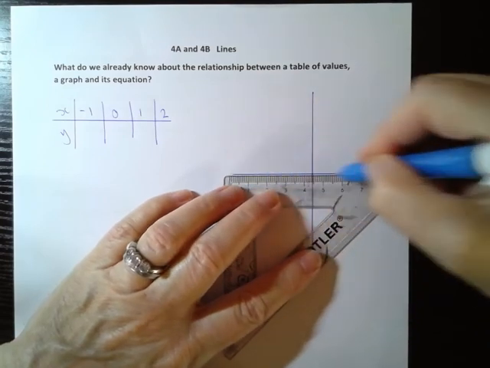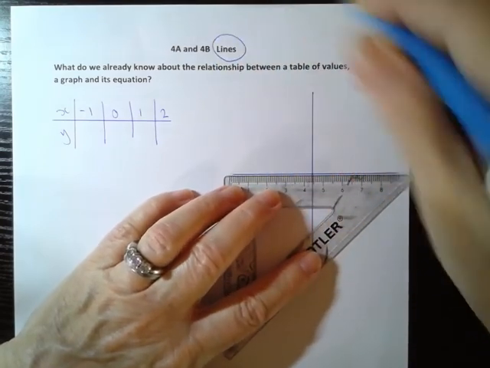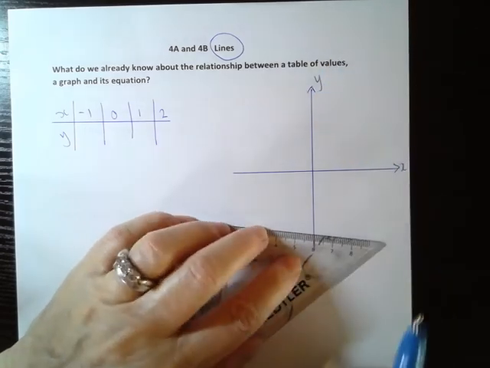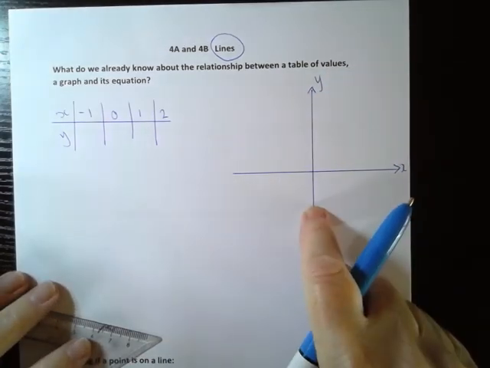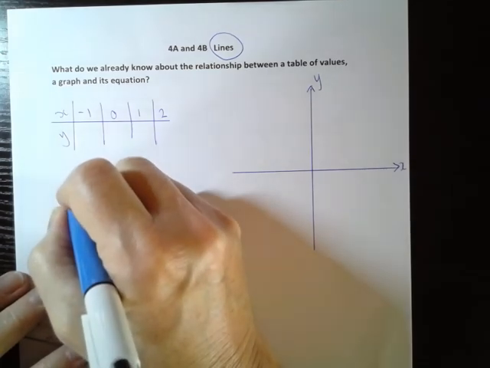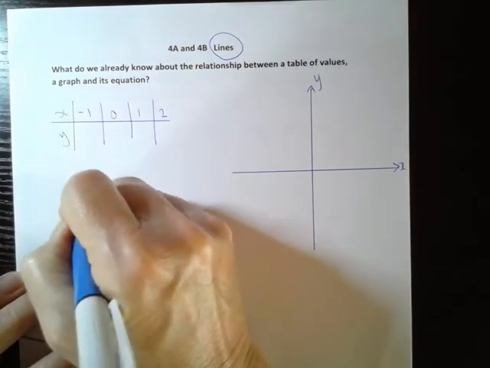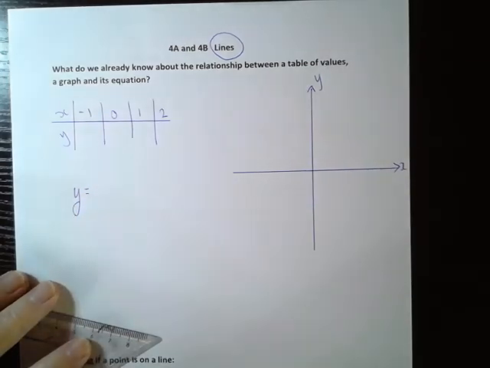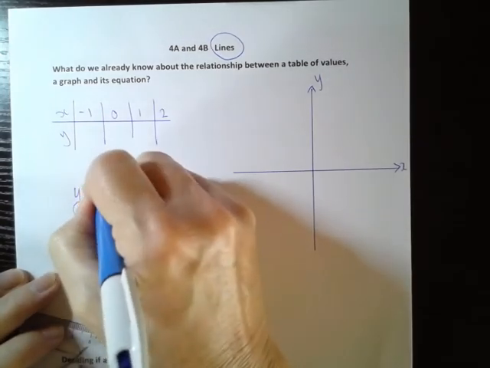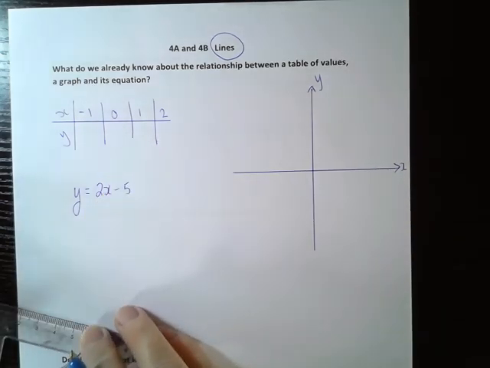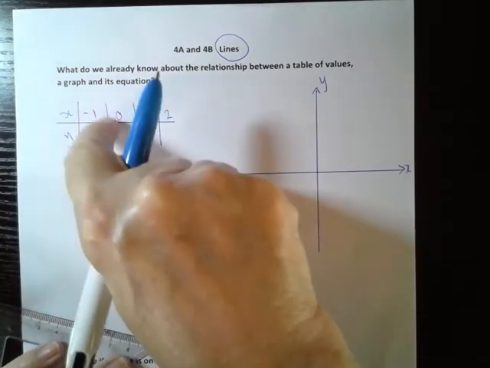In this case, it's going to be a line, and we'll talk about what line equations look like later. A graph, and then some rule. Some equation that gives me this. So in this one, the rule I'm going to use is y equals 2x minus 5. Now I would use this to get these values.